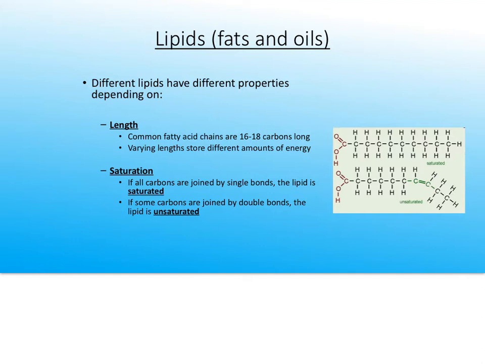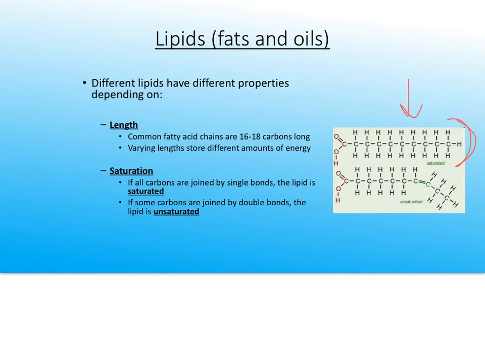The other big characteristic is saturation. If you look at this picture over here, if all of our carbons in our chain are joined by single bonds and then are otherwise covered in hydrogen, we say that is a saturated fat, and that term is coming from the fact that it's saturated by hydrogen.